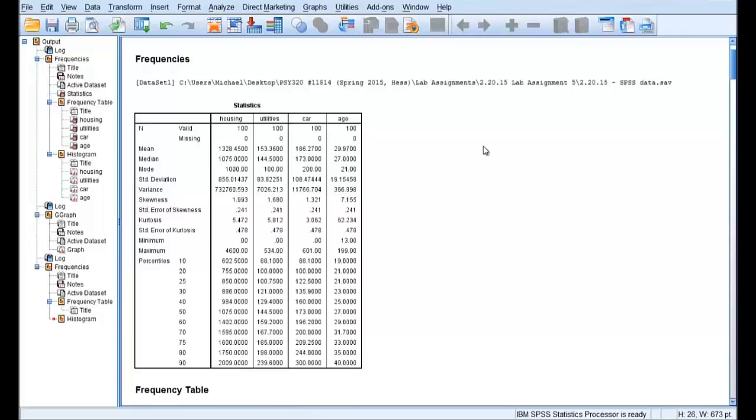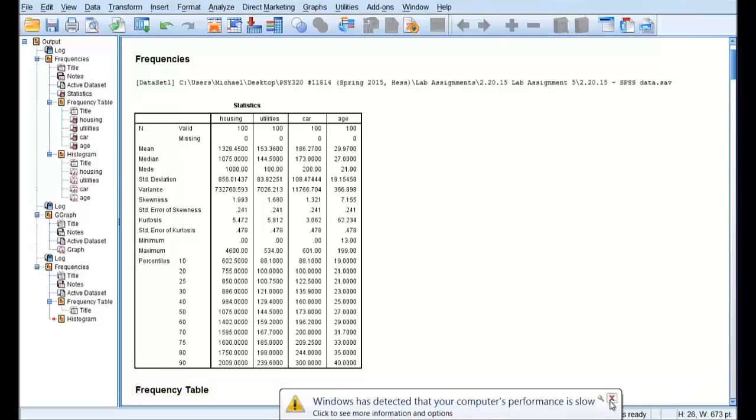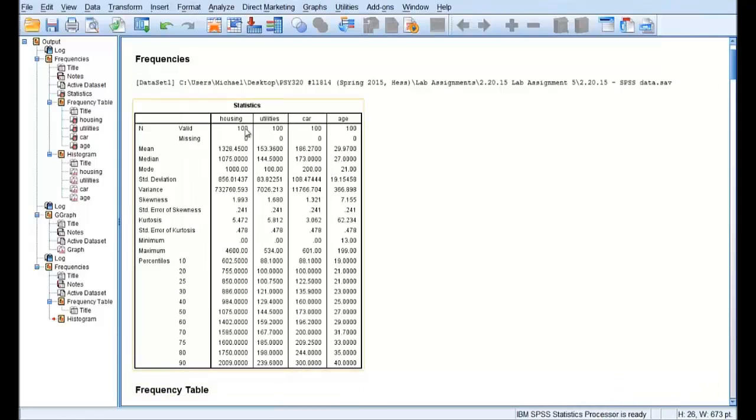So let's take a look at this data before we go any further. This is great because what we can do is look at all the information we've learned so far in the semester, but make sense of it in terms of what real statistics professionals do. So if you were to get this data, which as you recall is about rent and utilities and car and ages, we want to know the descriptive statistics of our 100 people.